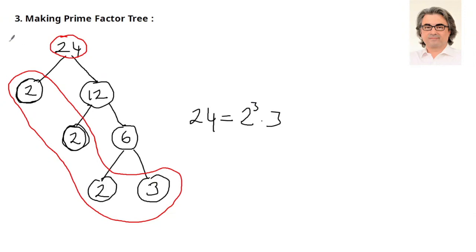Now let's continue with the next example on the next page. Our famous number 360, and try to make the prime factorization tree here. It's divisible by 2.